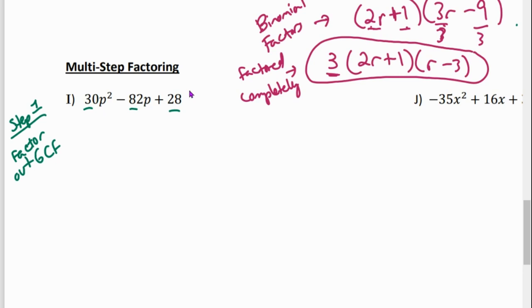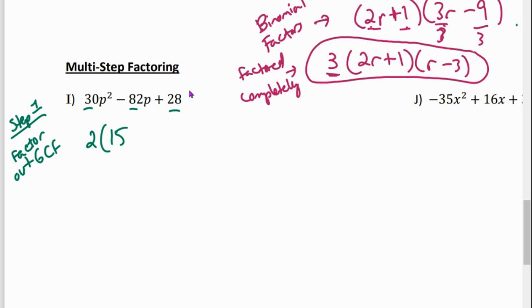And sometimes it's not that big. 2. They're all even, so you know you could factor out a 2. So when we divide all 3 terms by 2, I'm going to move this up a little bit. And then as far as the variables, the third one again does not have a p, so we cannot factor out any variables.